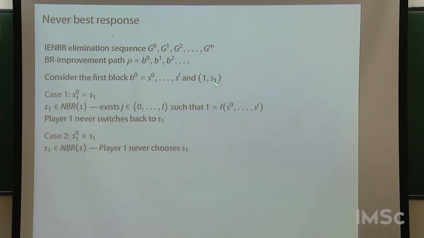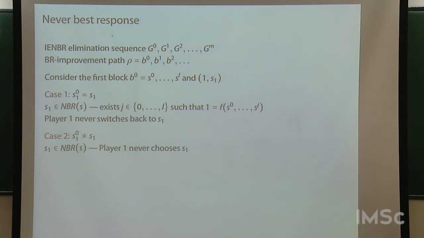The first case, suppose this strategy S1 was actually being used by player 1 in S0. What does that mean? Of course, player 1 is not happy. It doesn't really matter what the other players are doing. He will never become happy because it's a never best response. So no matter what the other players do, he'll never become happy. What does that mean?